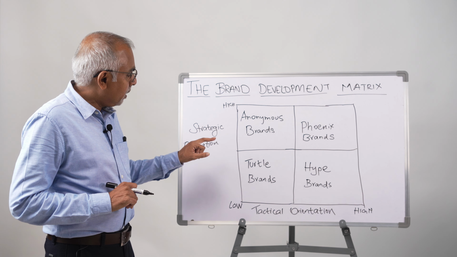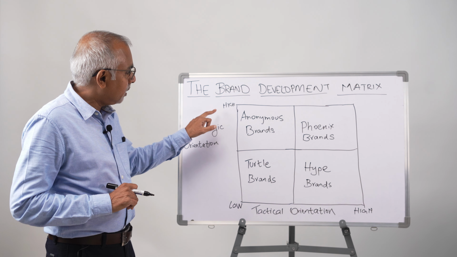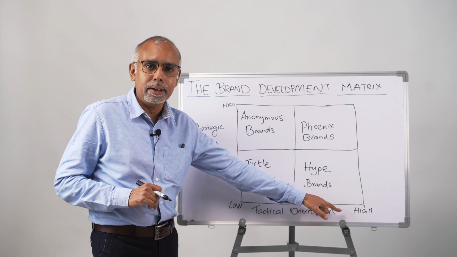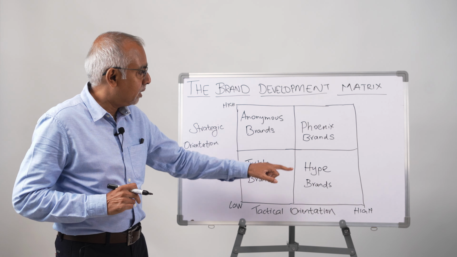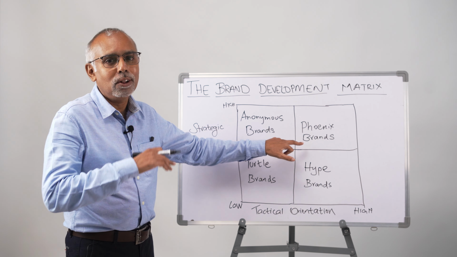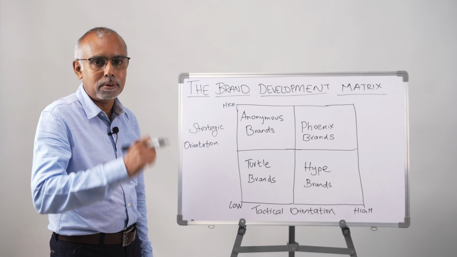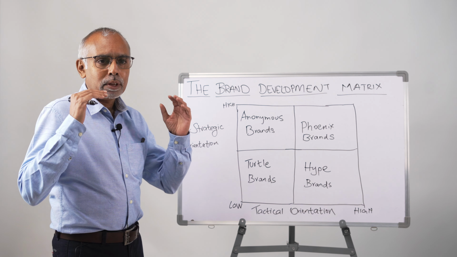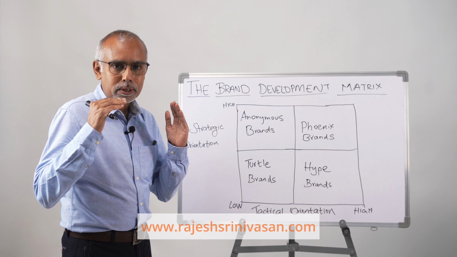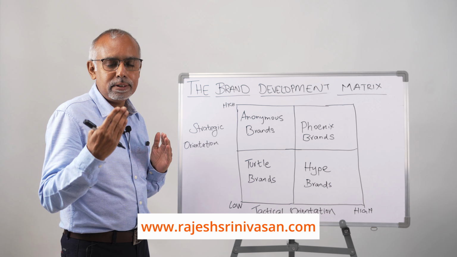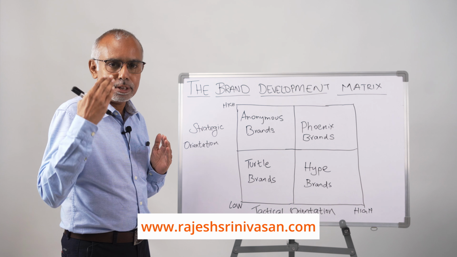When your strategic orientation is high and your tactical orientation is also high, I call you Phoenix brands, high-flying Phoenix brands, because you're very clear about your competency, your strength, your positioning, identity, market segment, pricing, product.